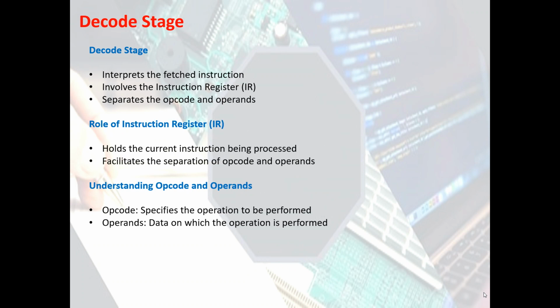So after the fetch, yung in-explain natin kanina, we also have the decode stage. Yung decode stage interprets the fetched instruction at dito na involve yung instruction register IR and it separates the OP code and the operands. Pag sinabi nating opcode operands, ito na yung katulad ng ginagamit natin na syntax or mnemonics doon sa different programming languages that we have used.